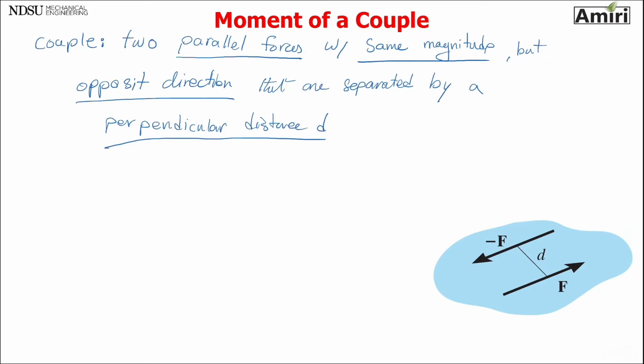So there are four conditions. They need to be parallel, have the same magnitude, opposite direction, and they're separated by a perpendicular distance d.